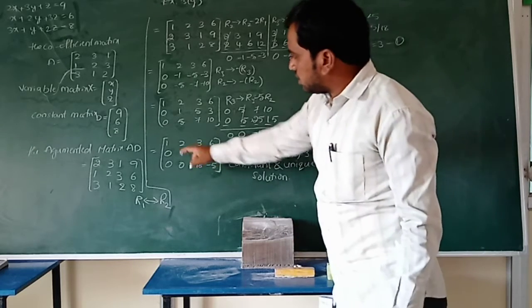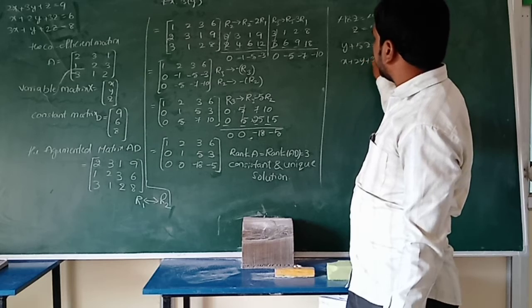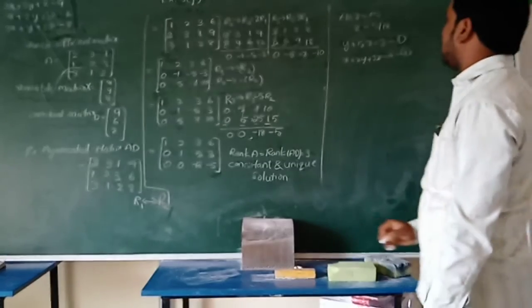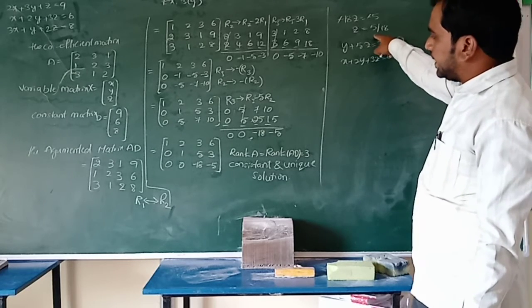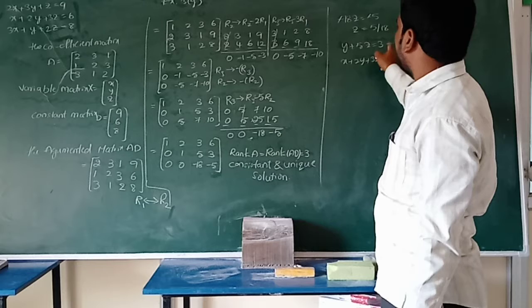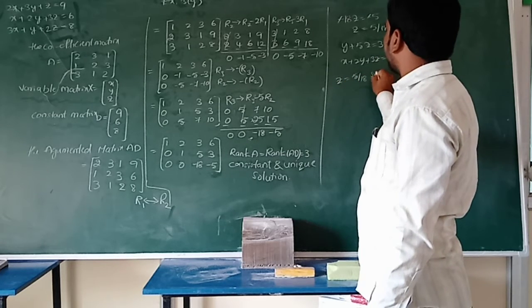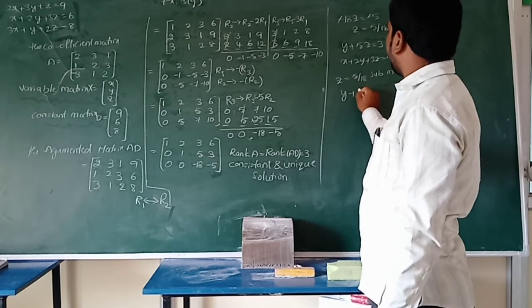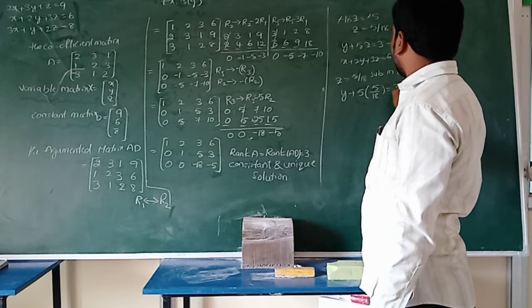Now this is x plus 2y plus 3z is equal to 6. This is equation number 2. Now z is equal to 5 by 18. Substituting in equation number 1, that is y plus 5 into 5 by 18 is equal to 3.